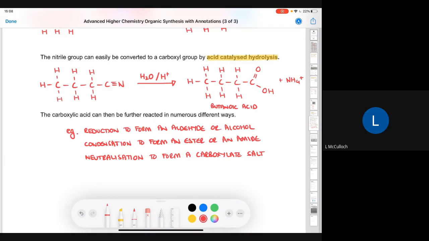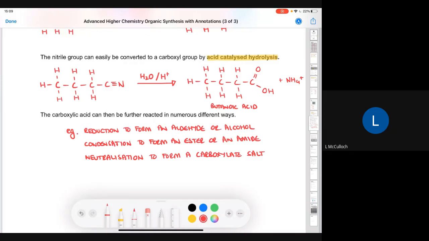All right, so that's all of the different products that we can get when we do a nucleophilic substitution reaction. But unfortunately, it's not enough to just know that we can use a nucleophilic substitution reaction to turn a monohaloalkane into an alcohol, into an ether, into a nitrile.